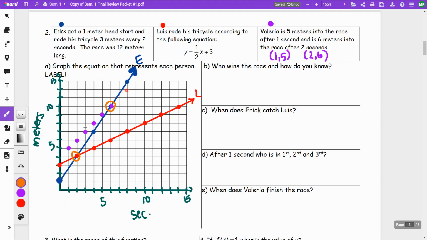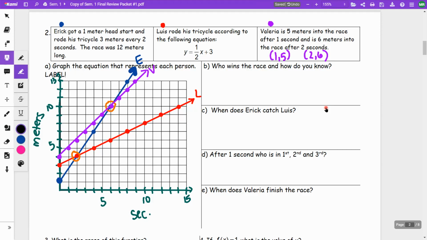Oops, doing it in purple. And if I want to continue backwards, she's going to meet here at a start of 4. And then I'm going to connect it. And I'll put Valeria.